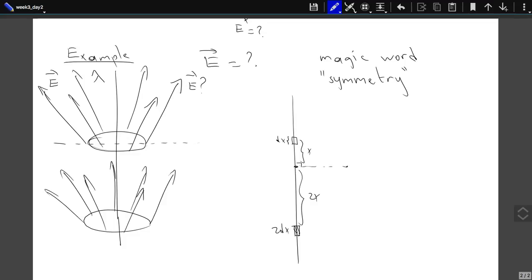Now the electric field created by this one will be in this direction. The electric field created by this one will be in this direction. Will they add up to be horizontal? So that is kind of the shortcoming of this symmetry argument.